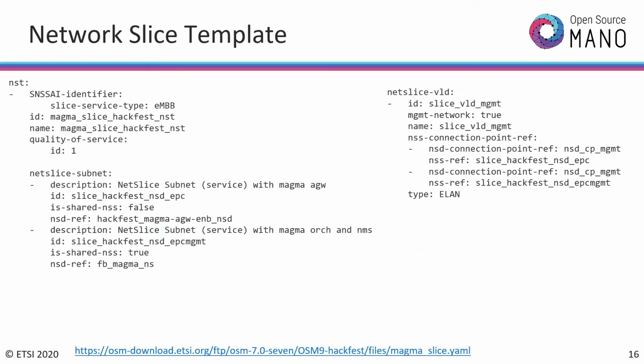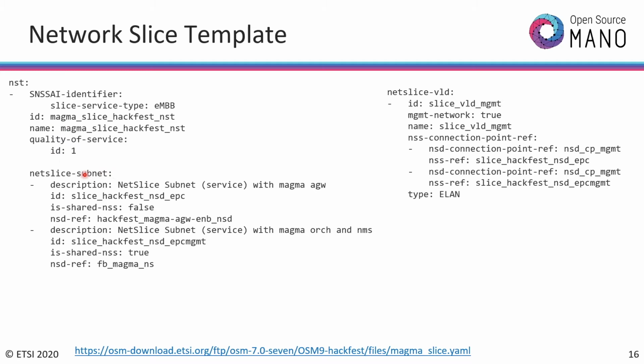Fine. How can we create the network slice template? In the modeling process, you can differentiate three big blocks. The first one is the definition of your network slice template, where you specify the ID, the name, the quality of service, and ID.